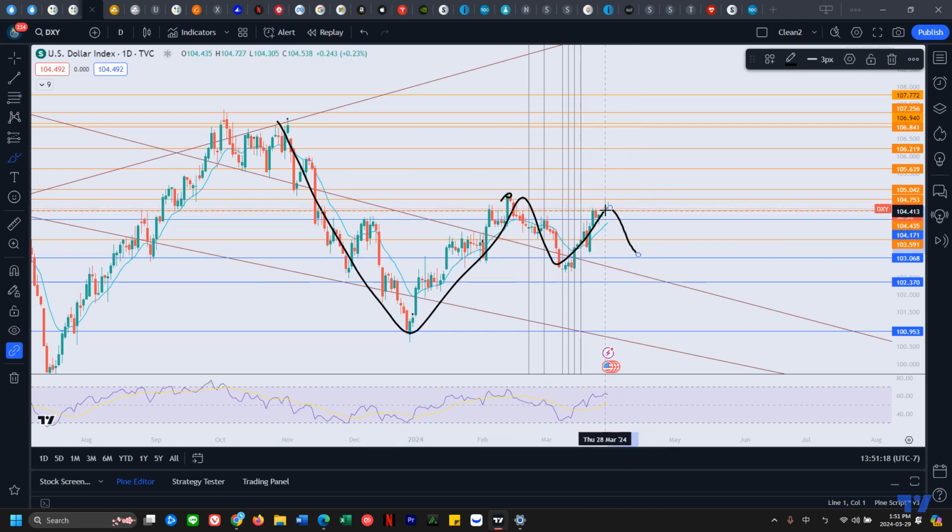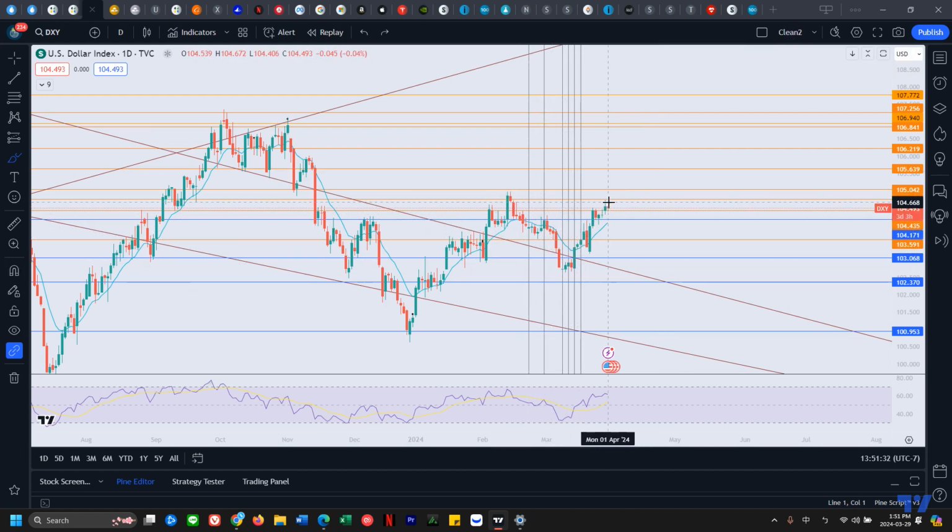But if this starts to break above this prior weekly high, then the tightening range is gone, and we have a weekly uptrend, which might bring this higher up to this 105, 106 level. Those are the two scenarios I'm looking at. So I'm still waiting to see which way it decides to go. Right now, we're like 0.4% away from that weekly high.